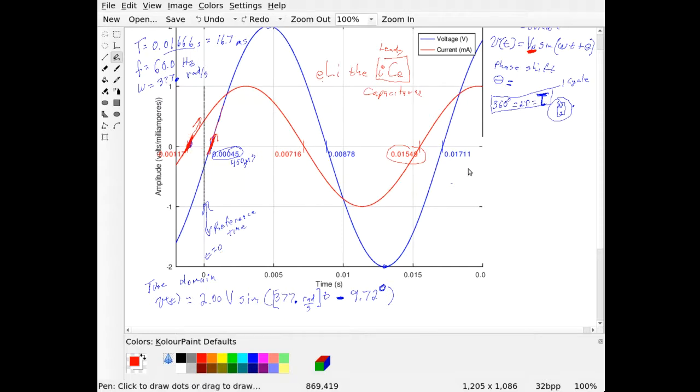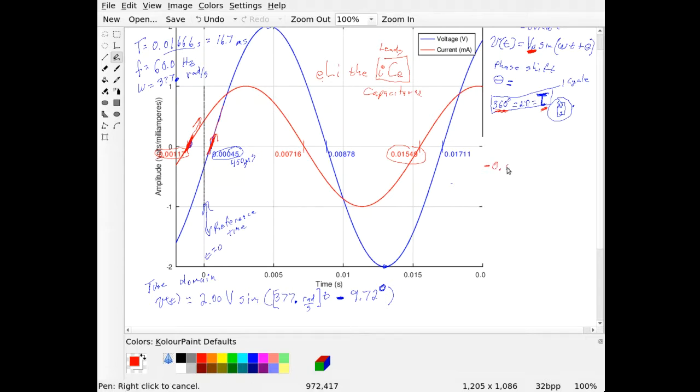Okay, and so we calculate that same way we did it before. Remember, 360 degrees is equal to 1 period. So we look at this, and this is the time here. So it's a negative value because it's before time t equals 0.